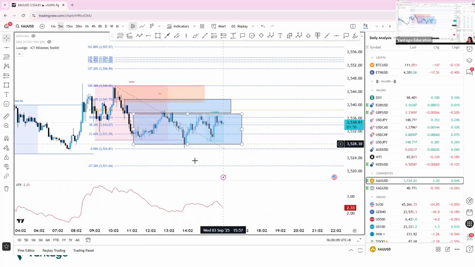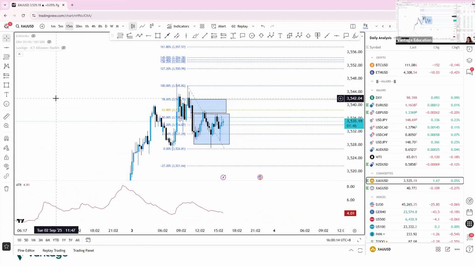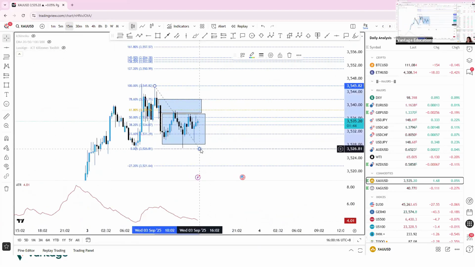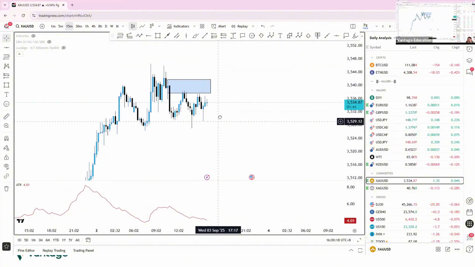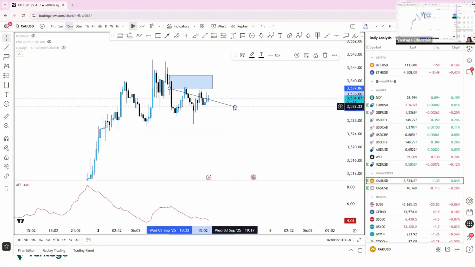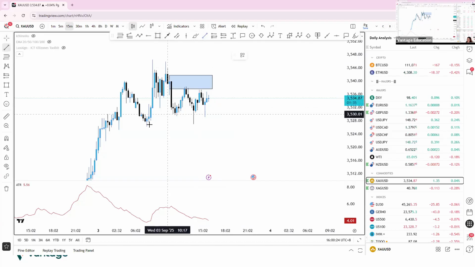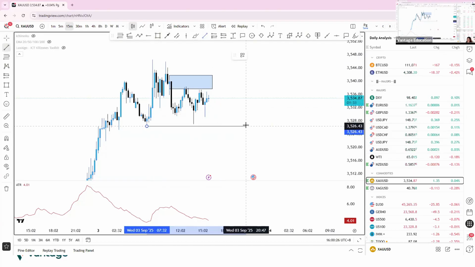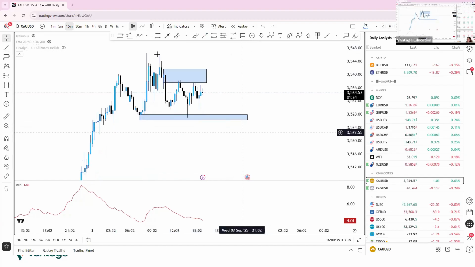Either they're going to break below, because if we look at the market structure for this entire M15 move, price is still ranging, I mean sideways. It needs to break below this 35.26, or it will bounce off from this level. If the body can close below, that could be a market structure shift.